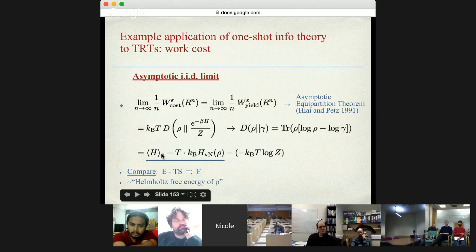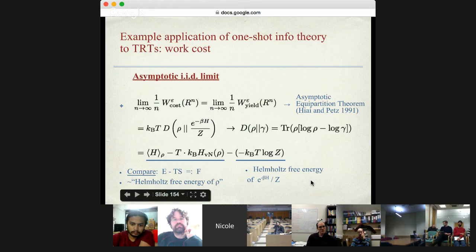This here is an average energy, this is a temperature, and this is a thermodynamic sort of an entropy. This looks a lot like the definition of the Helmholtz free energy. So some people call it the Helmholtz free energy of this non-equilibrium state rho. And this, in fact, is the Helmholtz free energy of the equilibrium state.